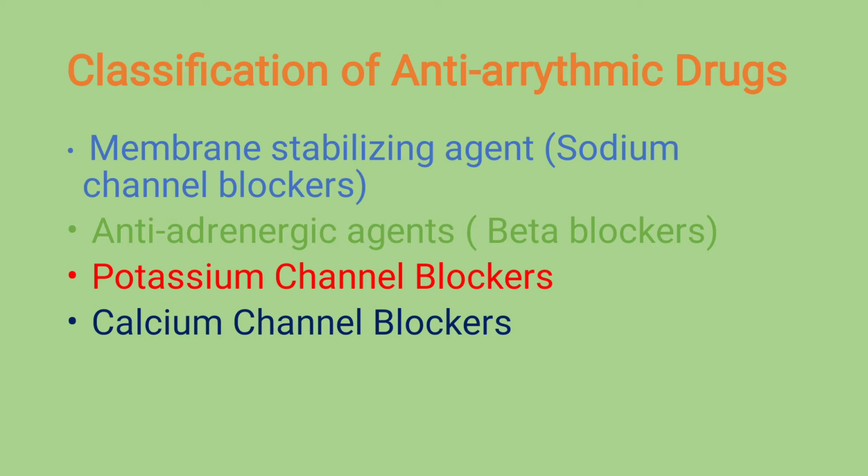In the classification of antiarrhythmic drugs, there are four types. First is membrane stabilizing agents, also called sodium channel blockers. Then anti-adrenergic agents, also called beta blockers. Then potassium channel blockers and calcium channel blockers.